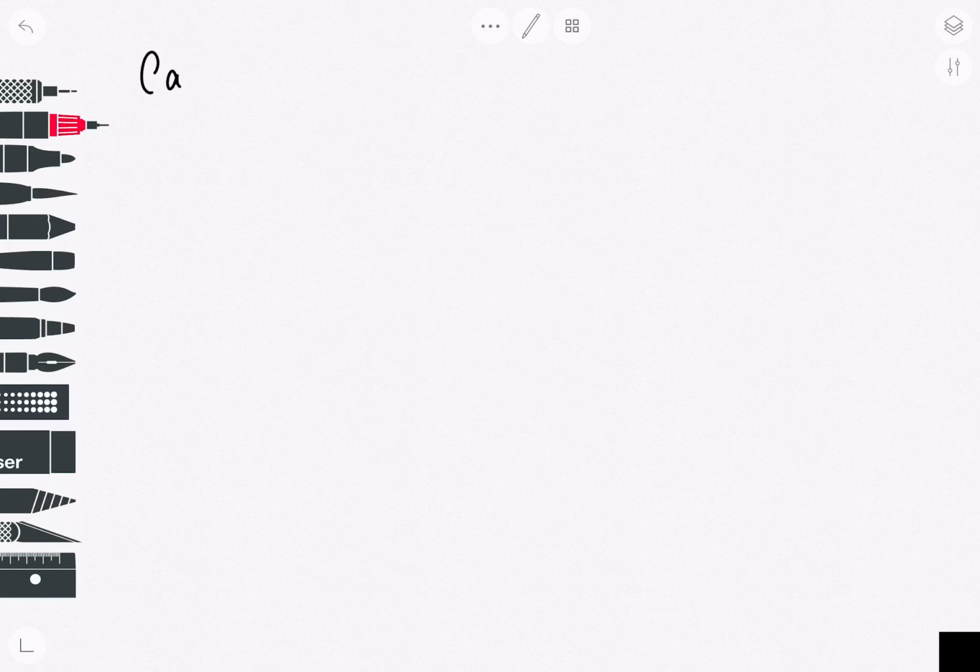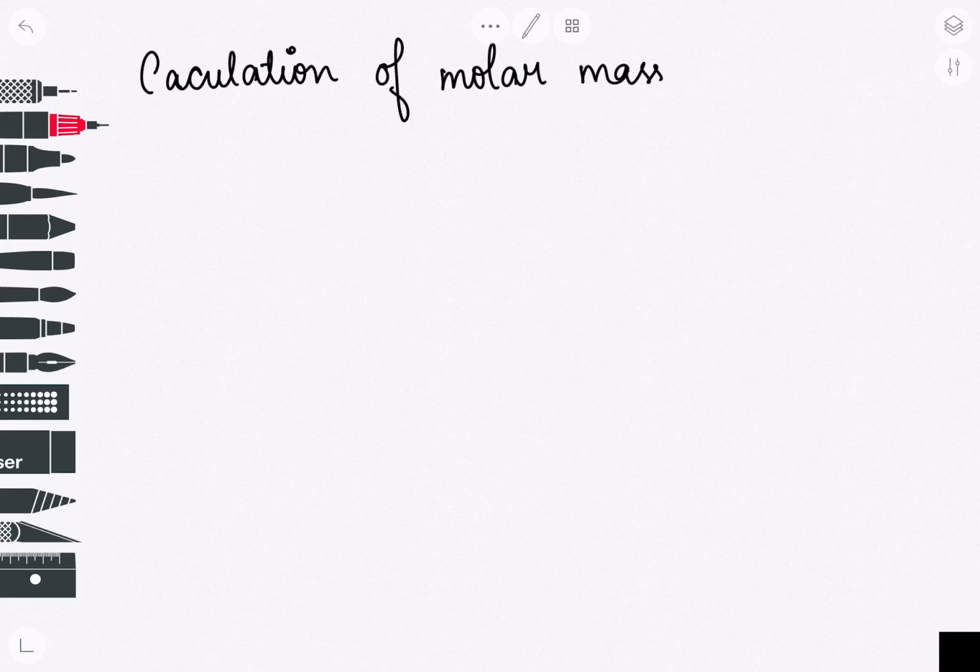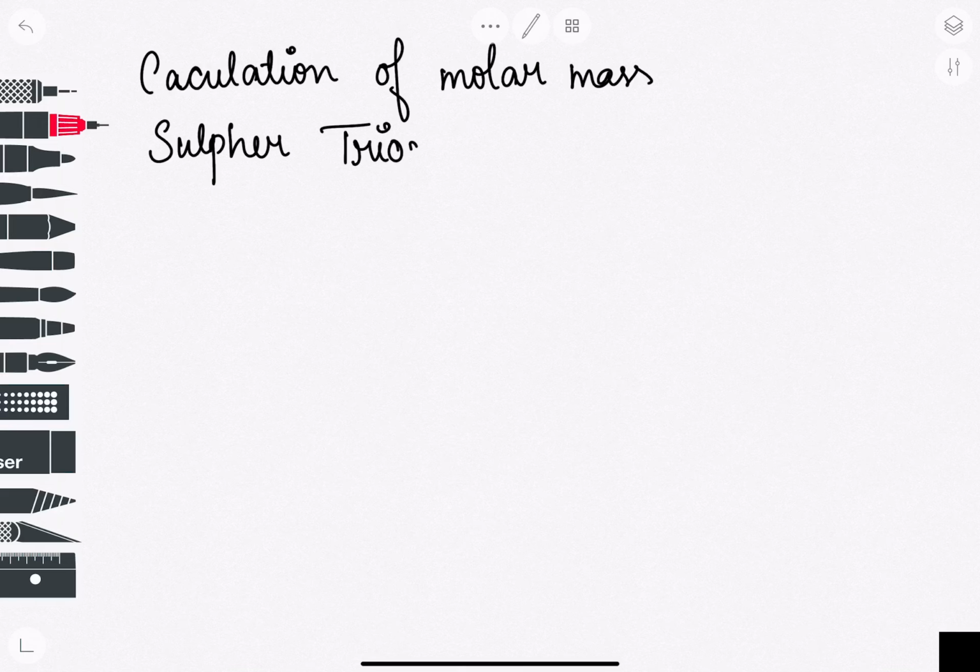Calculation of molar mass. The first one is sulfur trioxide.